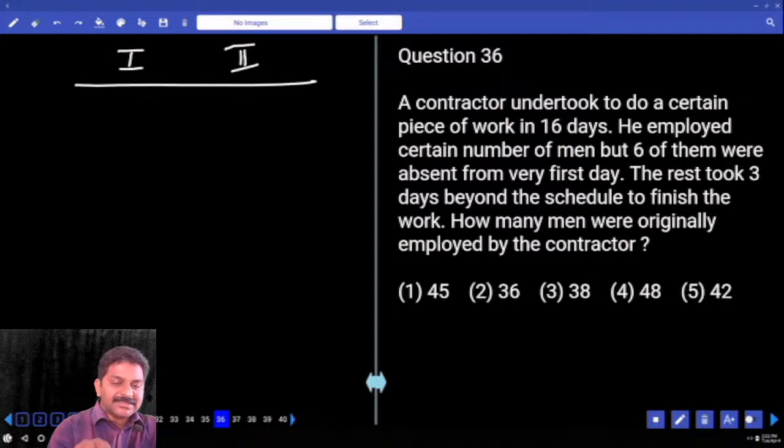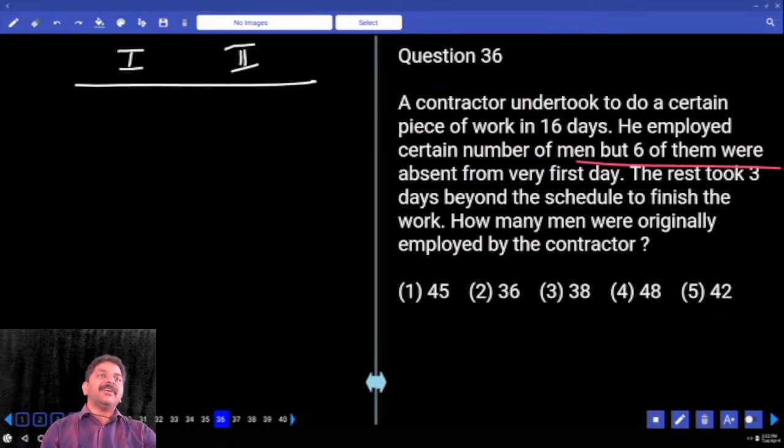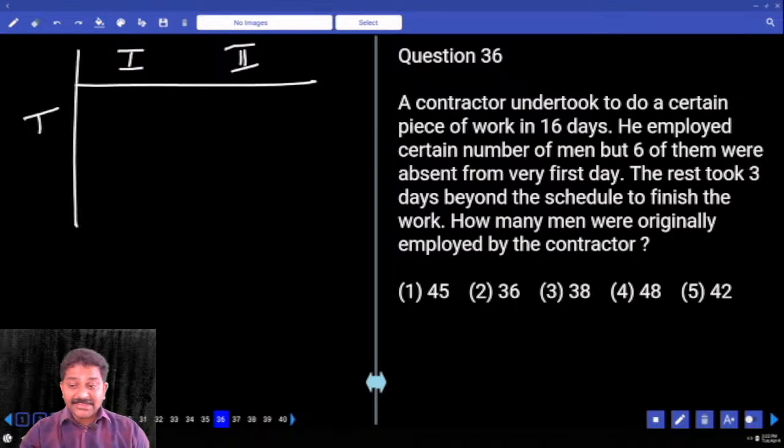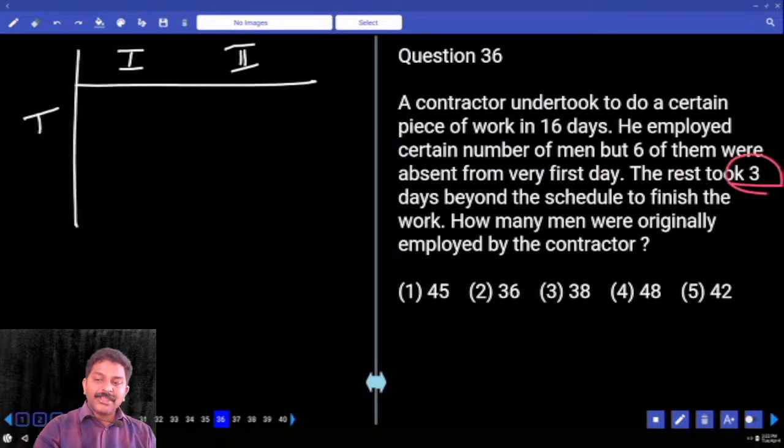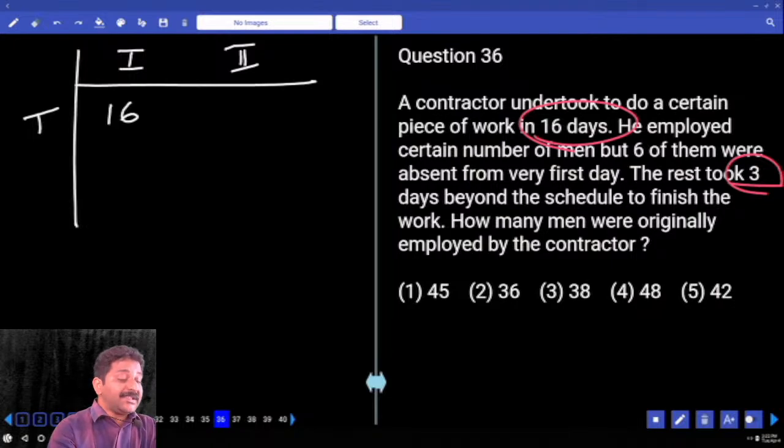In the second case, here also the number of people information is not there, but you know that 6 of them were absent. Correct? If the number of people decreased, what will happen to the time? Increase. Time increased by 3 days. So in the initial case with the original number of people, work can be completed in 16 days, but now it is taking 3 more days.